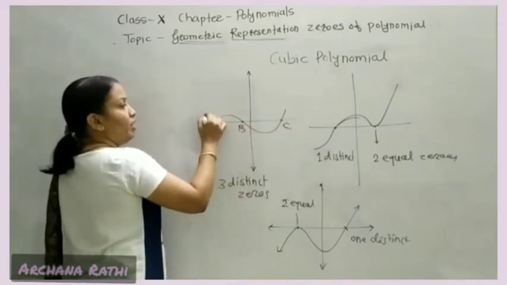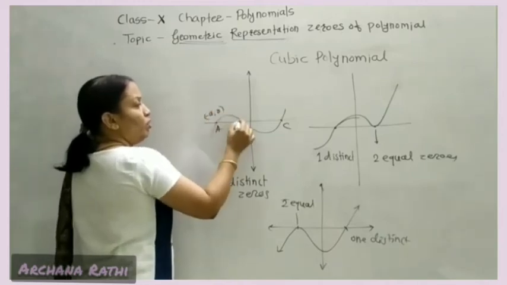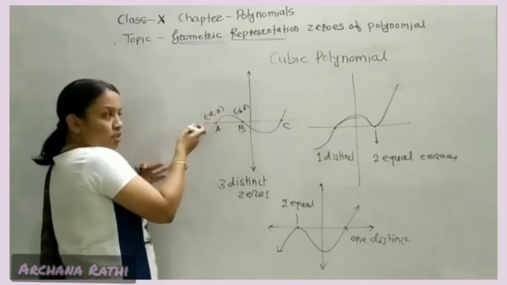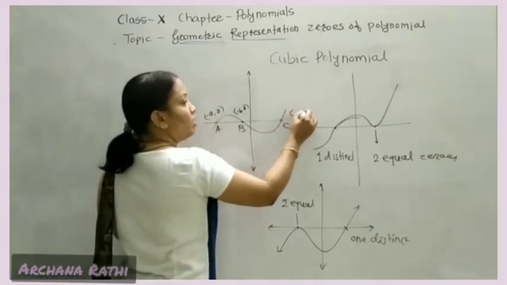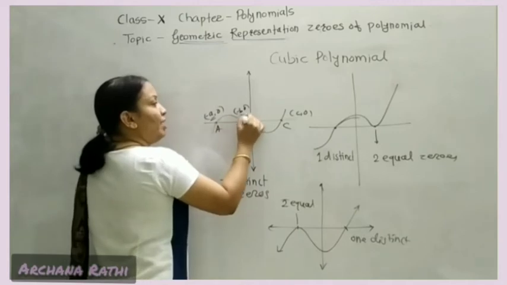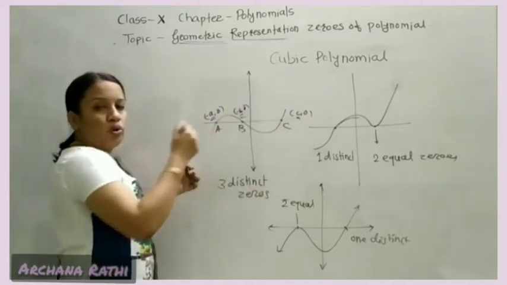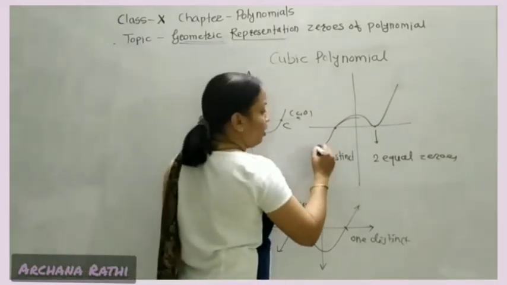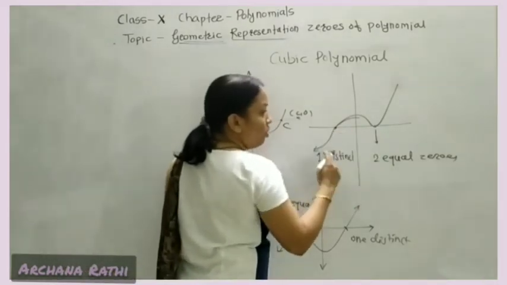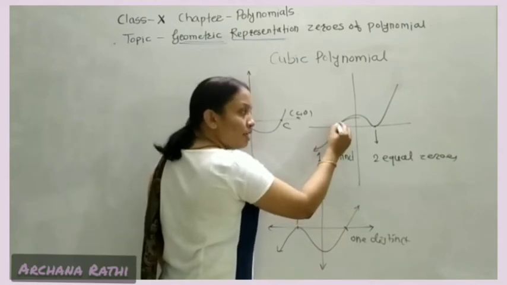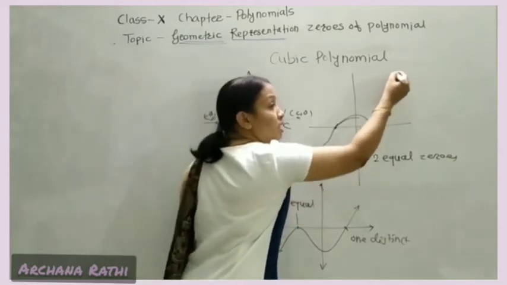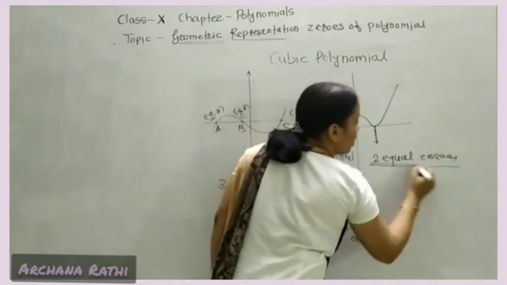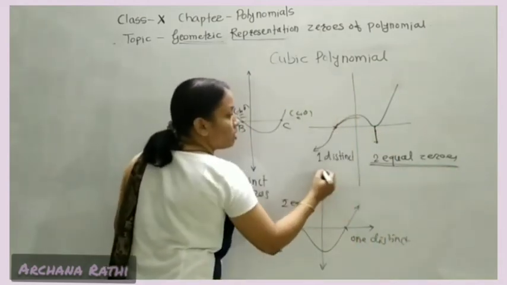Suppose this x coordinate is minus A0, this is minus B0, as I am taking only real numbers, because of the negative sign, and this is C0. Then minus A, minus B and C are the roots, or the zeros, of this cubic polynomial. Now if you observe here, this graph just intersects the x-axis, and here the curve touches, meaning there are two equal zeros and one distinct point.